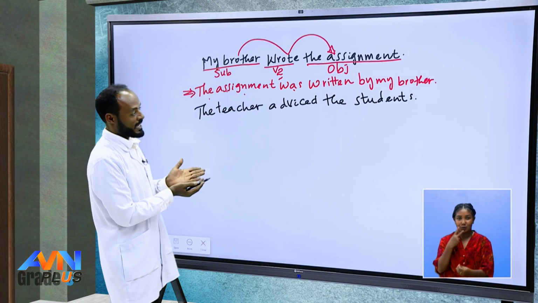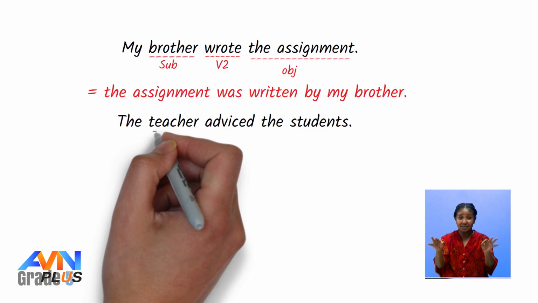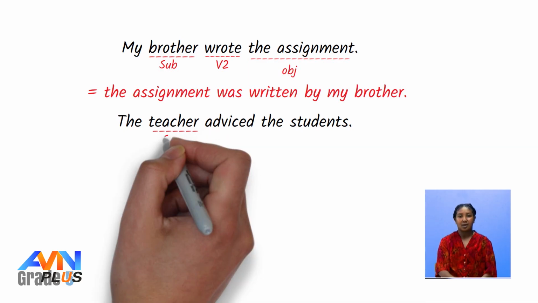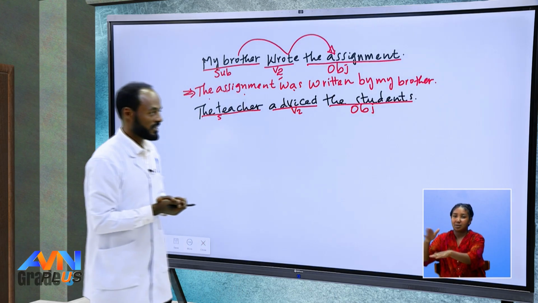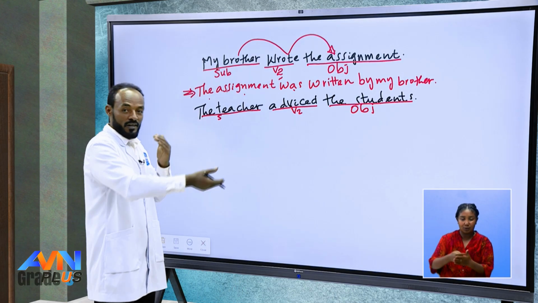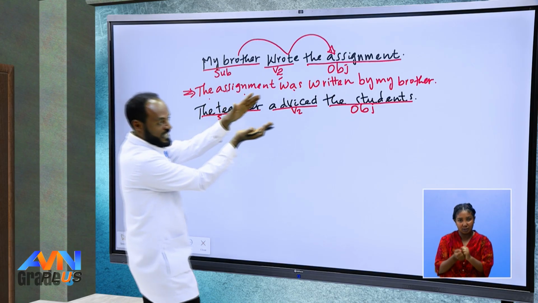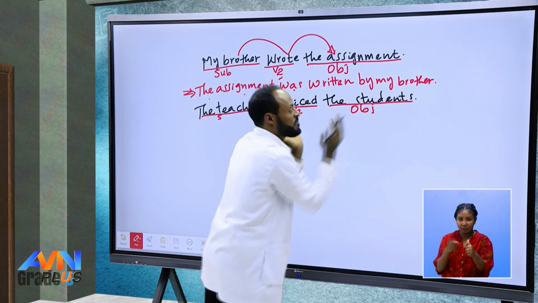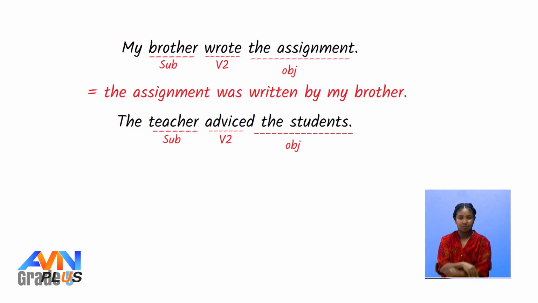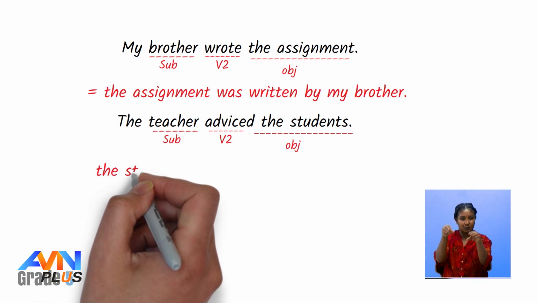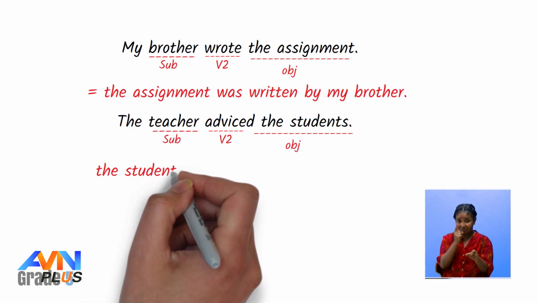Look, in this sentence, this is the subject, this one is verb 2. The students are what? The object of the action. So, now it is time to change. This means we have to start from the object here. Yes, students, bravo. I hope you say like this.